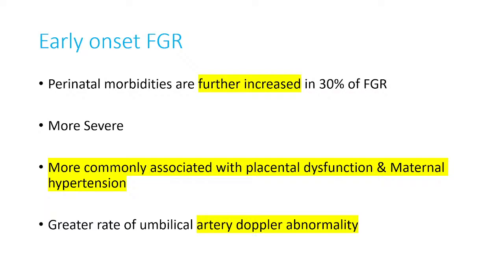It is more severe and more likely to be associated with placental dysfunction and maternal hypertension. Whenever pregnancy associated hypertension develops early, at 20 weeks, 24 weeks, 25 weeks, in that case simultaneously the FGR also starts.